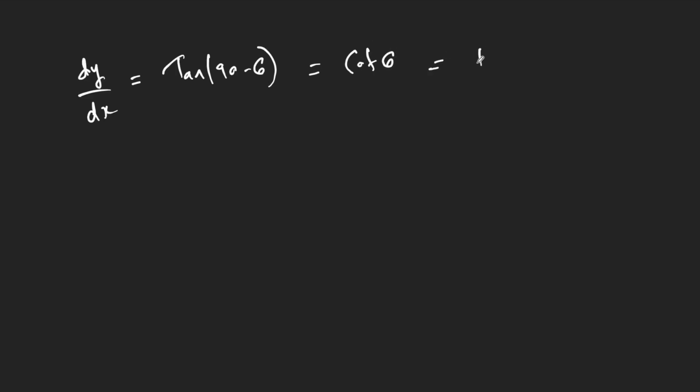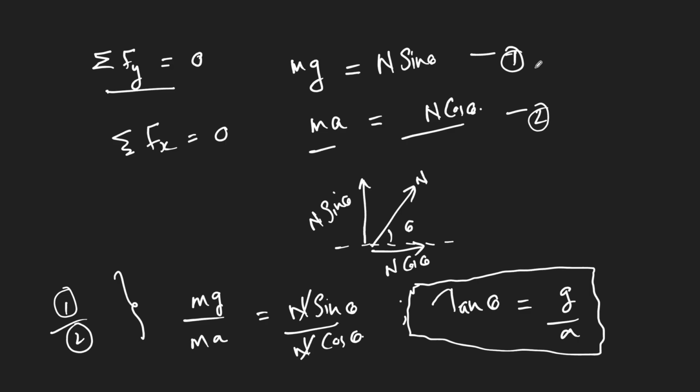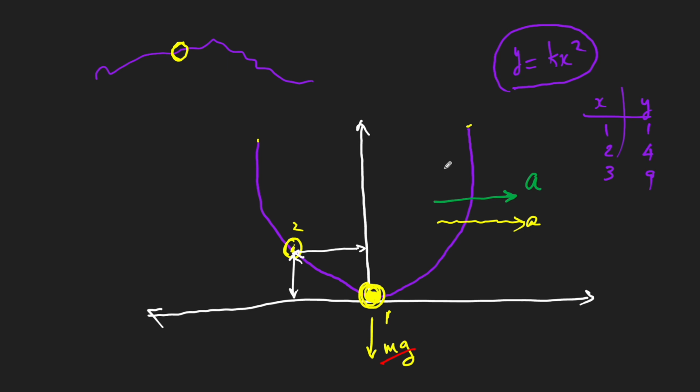So dy by dx must be equal to tan(90 minus theta), that is cot theta, that is 1 by tan theta.